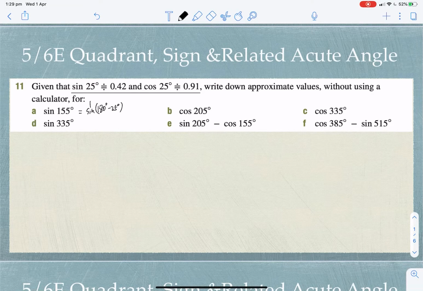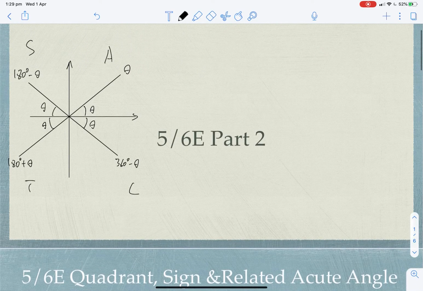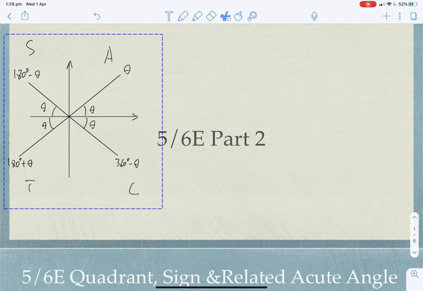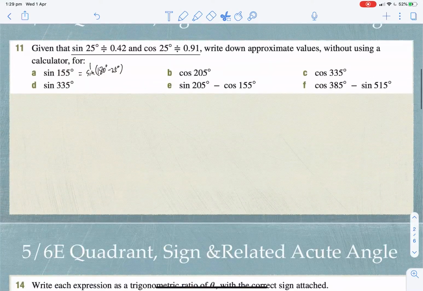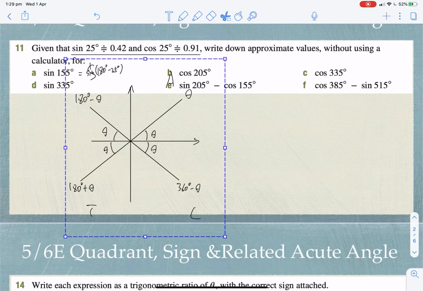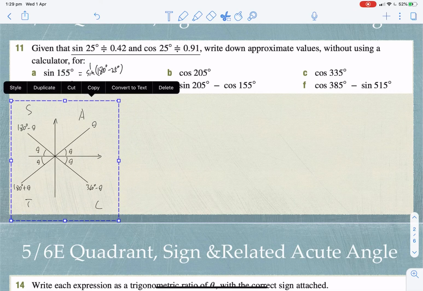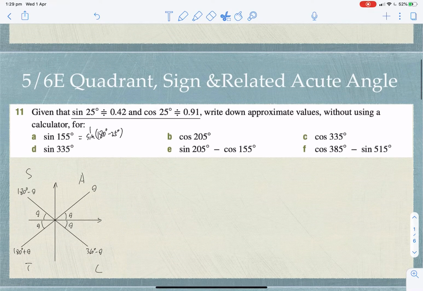As again in the second quadrant, only sine is positive, so it's the same as sine 25 degrees, which is 0.42.